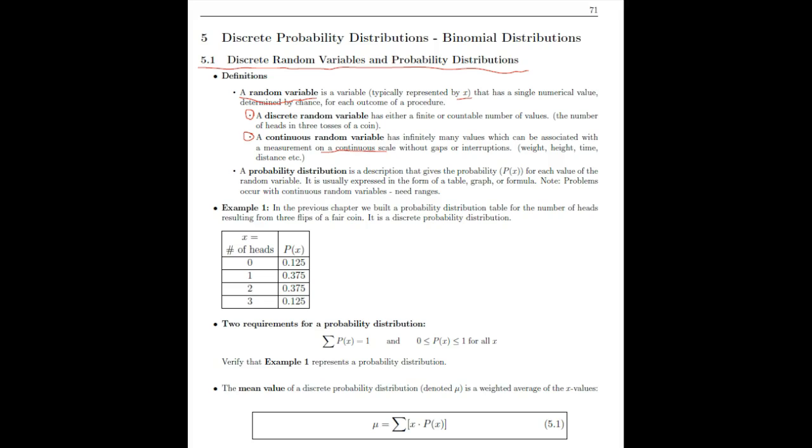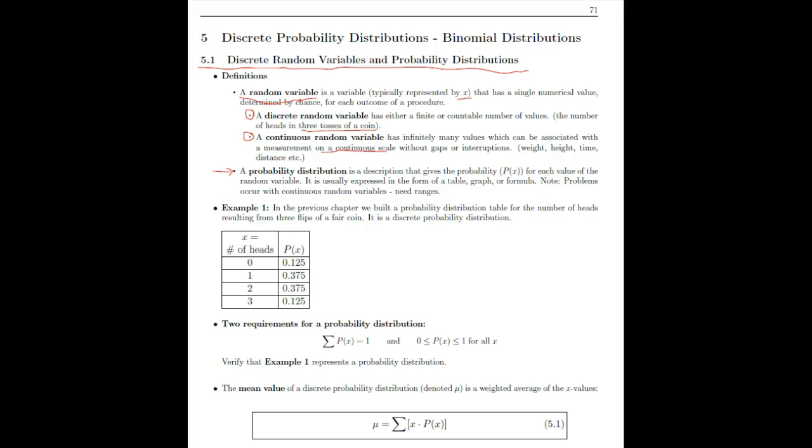You can actually obtain those kinds of values, as opposed to the example with the tosses of a coin. You can't get 2.3 heads when you toss a coin. There are gaps between the values, and that's what makes something a discrete random variable as opposed to a continuous random variable.